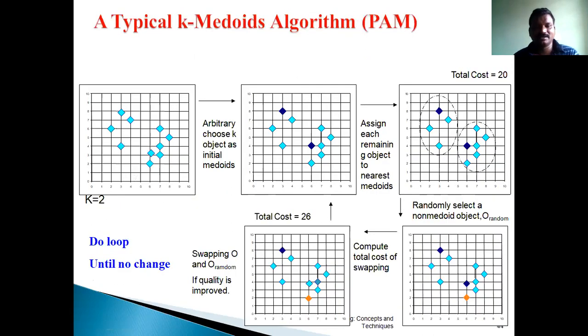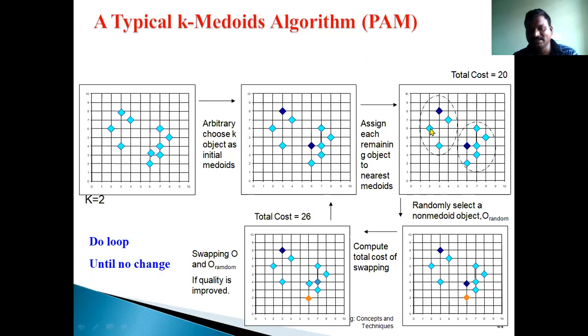Here are the typical steps of the medoid algorithm. First, K equals 2; I'm taking the K value as 2 for this data set. Arbitrarily select K objects as the initial medoids. Here is one medoid, and here is another medoid. Assign each remaining object to the nearest medoid.